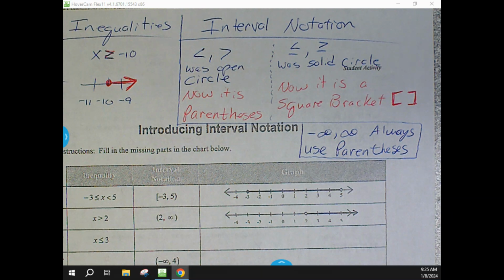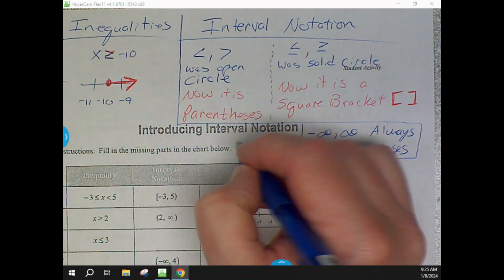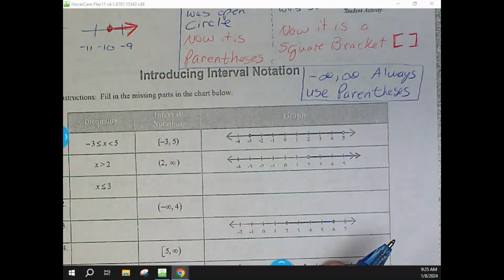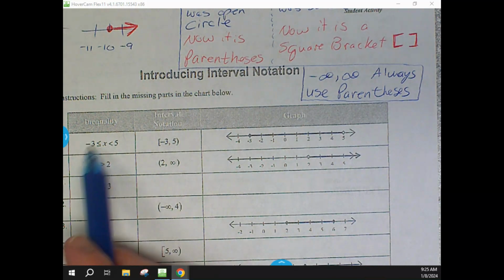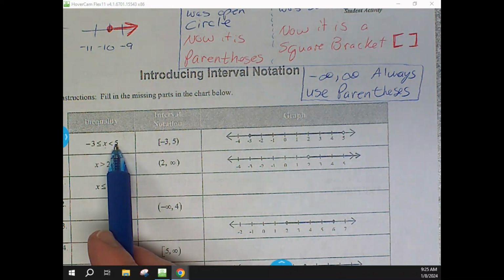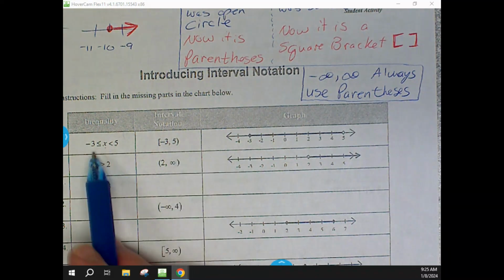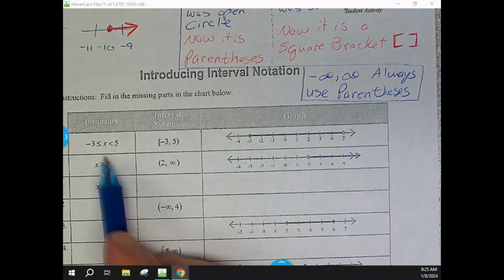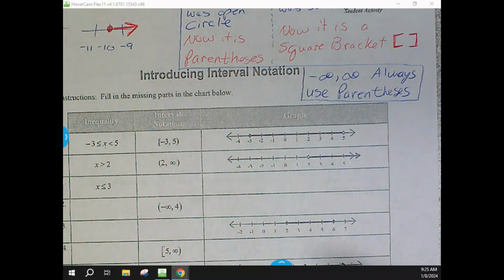Okay, and then one other small thing you have for this one, when you're going to use interval notation, because basically you're going to have two numbers. If you notice what's on here for the very first example, it says we're going to go from -3 to 5. -3 is less than or equal to x, which is less than 5. So on the graph, that's where we'd have a solid circle at -3. We'd have an open circle at 5 because it's just the x less than part on this one.